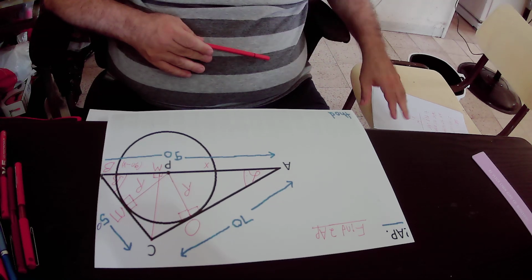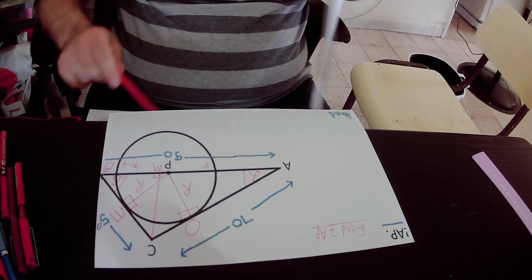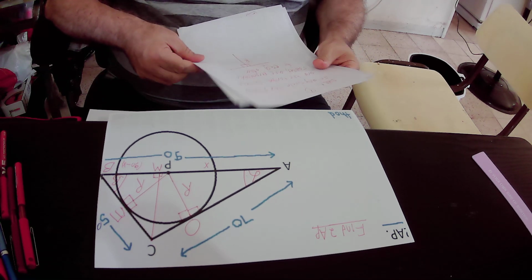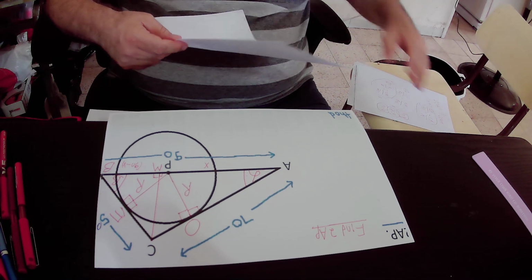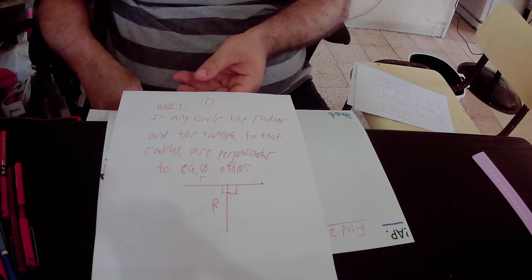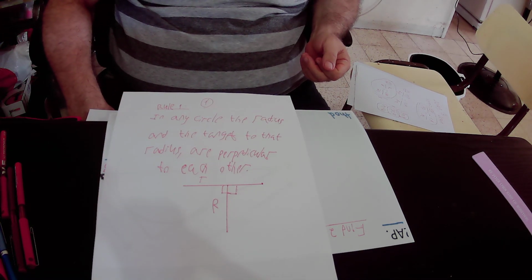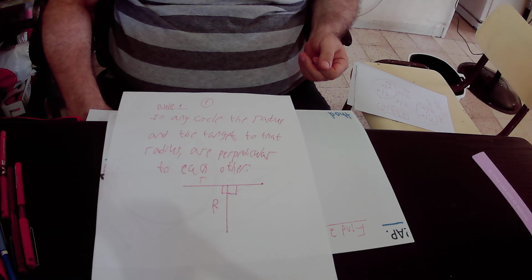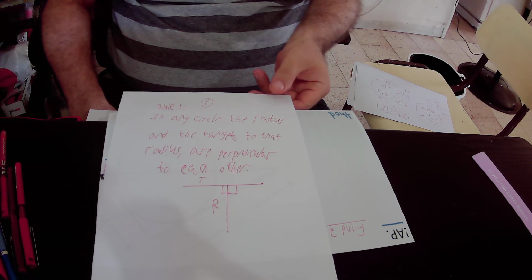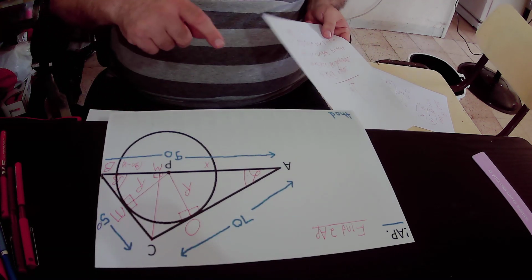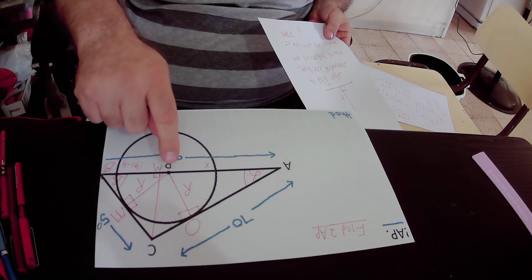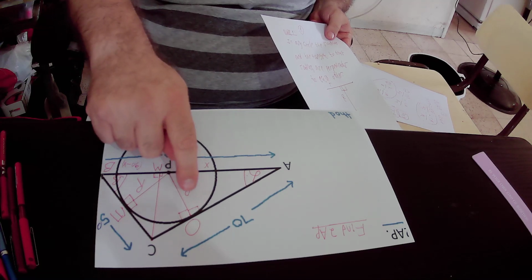We have a rule that states that in any circle, the radius and the tangent to that radius are perpendicular to each other. So in this circle, AC is tangent to the radius.